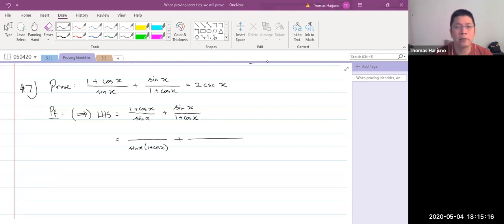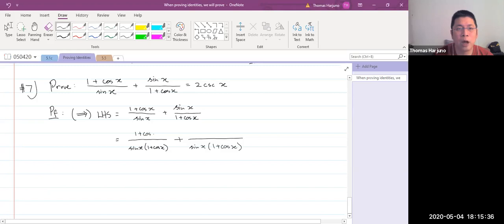So from the left-hand side, I told you, we do the LCD. On the top here, we will get 1 plus cosine x times another 1 plus cosine x, and the denominator here will be sine squared x.